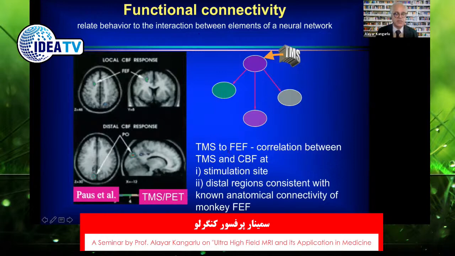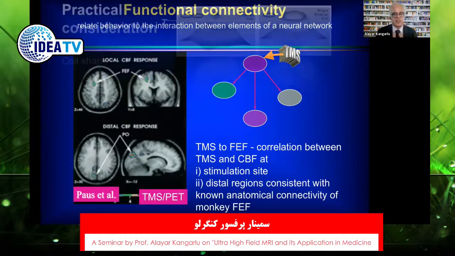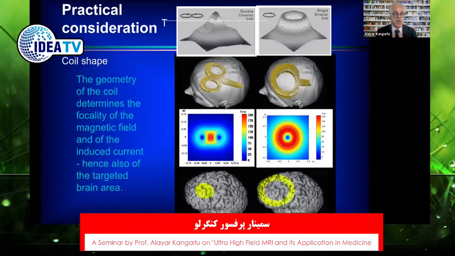And other people have shown that TMS applied to the frontal eye field creates a correlation between the application of the TMS and the CBF. You can actually look at the perfusion at a region distal to the site of stimulation, and that is also another indication of the existence of networks and the fact that different regions are members of the same network.